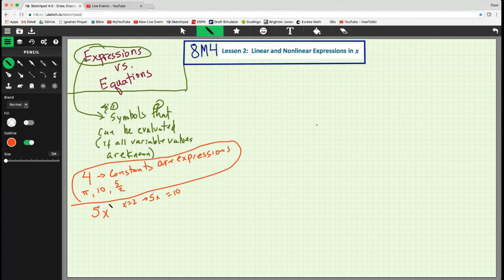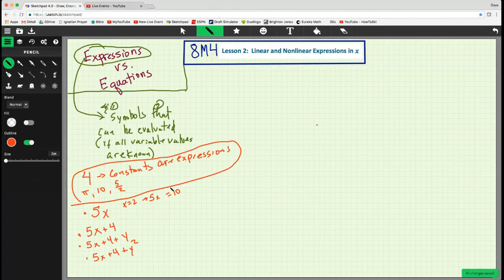You can also have more than just a simple combination of terms. You could say 5x plus 4, or 5x plus 4 plus y, and we could even say 5x plus 4 plus y squared.